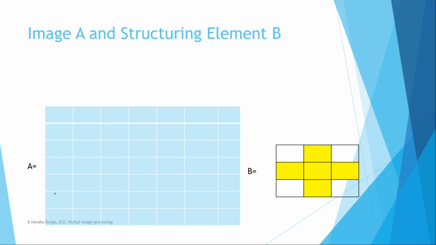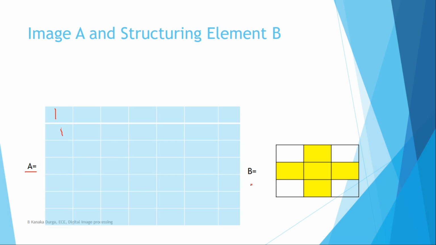For analysis purposes only, I have taken a fully filled object in order to show the variations. And the image is A over here. The fully filled elements represent 1, and if any background, the non-filled value goes for 0. So the image has been fully filled, all the values are 1 in this case.